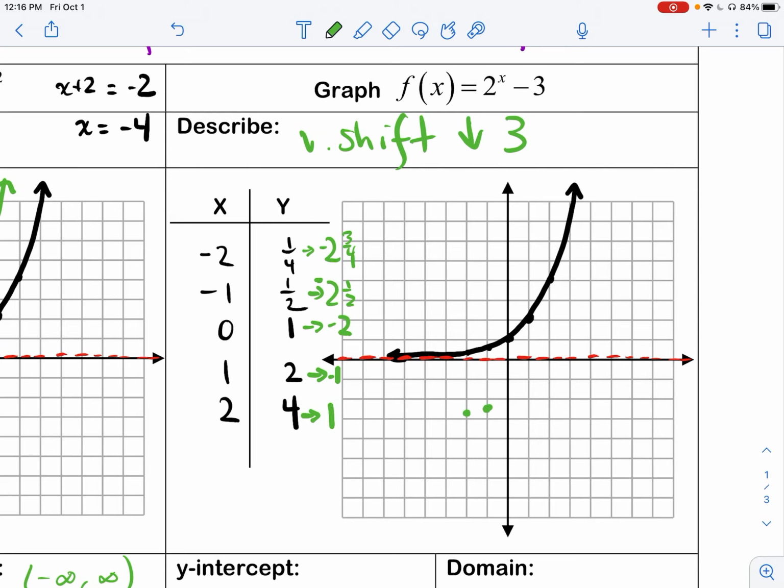If I graph these points, -2 gives us -2 and 3/4, 0 gives us -2, 1 gives us -1, 2 gives us 1. It can be graphed pretty easily.